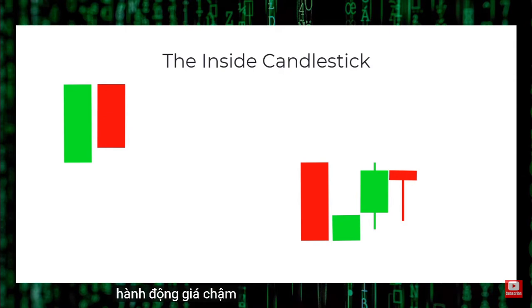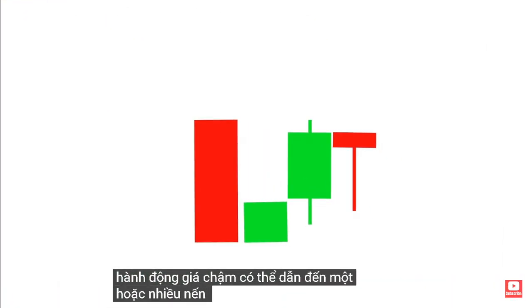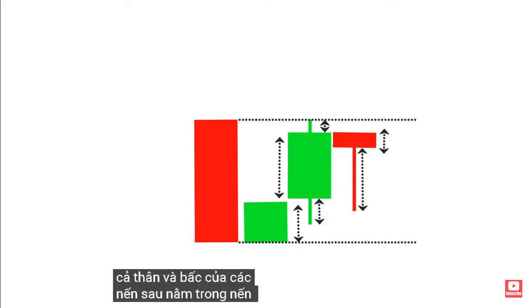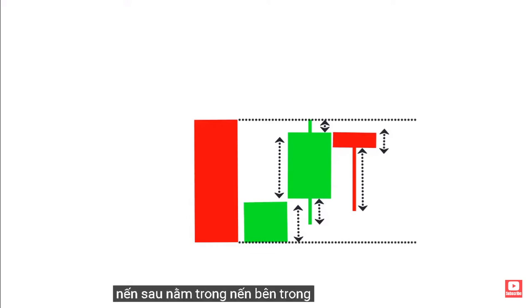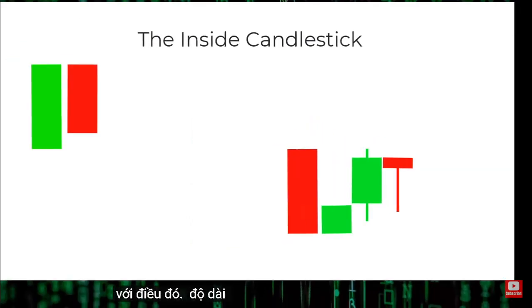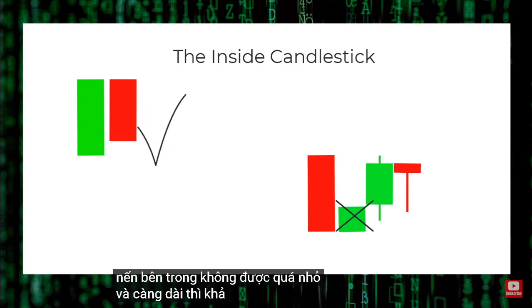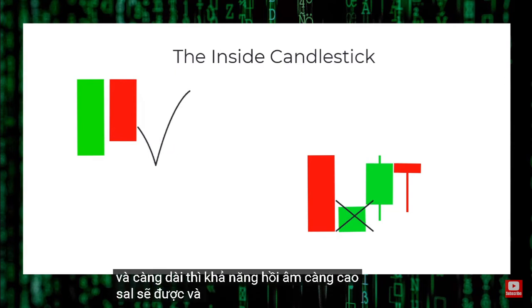The slow price action can result in 1 or more candles, with the length of both the body and wick of the following candles contained within the inside candle. With that being said, the length of the candle that appears right after the inside candle must not be too small, and the longer it is, the more probable the reversal will be.